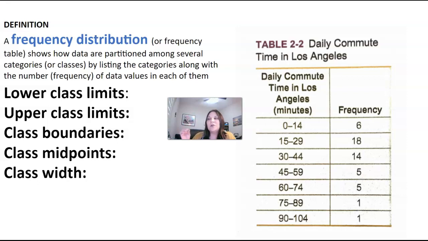You don't know specifically what these 6 people's actual commute times are, but nor is that specific information going to be displayed that often. If you end up having 100 or 1,000,000 data points, it's okay to cluster 0 to 14 minutes, 15 to 29 minutes. So it's a way to classify, and also a way, as you'll see in the next section, to display the data.